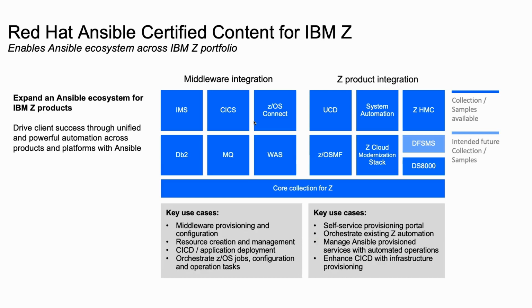So in combination, those two deliverables cover Ansible automation playbooks and modules for a variety of IBM Z products in the portfolio. For example, we have Ansible modules that can help you provision an IMS system. There are modules available for doing CICS resources and deploying CICS applications.